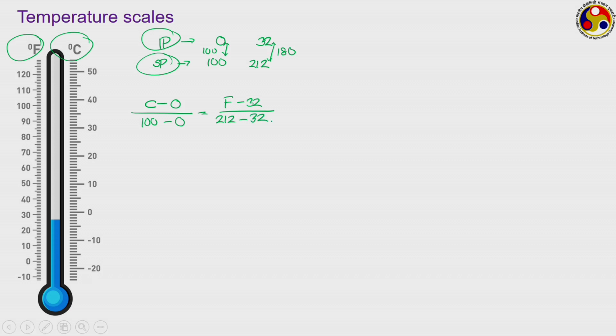In the denominator you can also visualize this to be the number of divisions. So, it becomes C by 100, because there are 100 divisions between the ice point and steam point in Celsius scale, is equal to (F minus 32) by 180, as there are 180 divisions in case of Fahrenheit scale, or if we simplify it becomes C by 5 is equal to (F minus 32) by 9, a very well known relation which you must have used earlier.